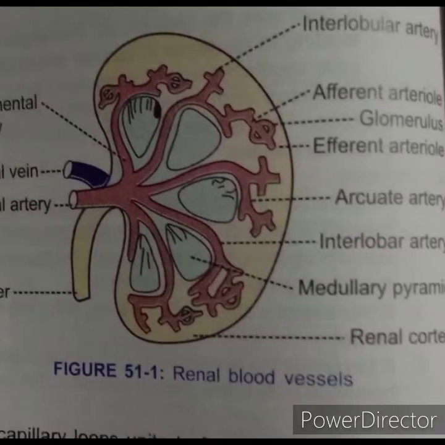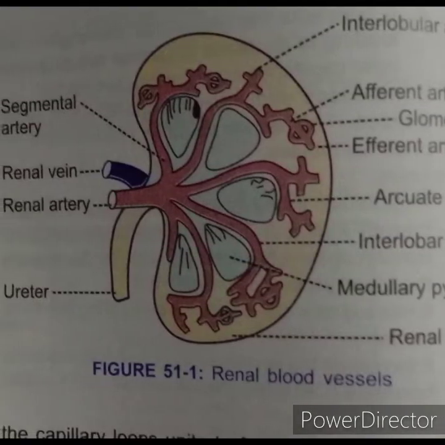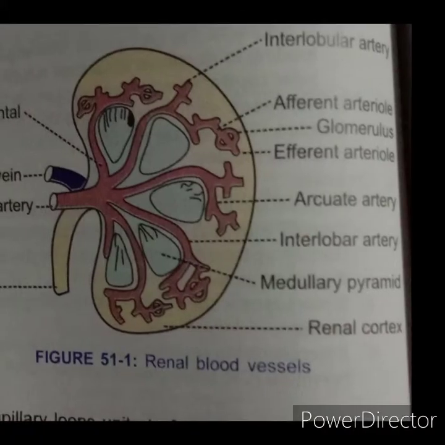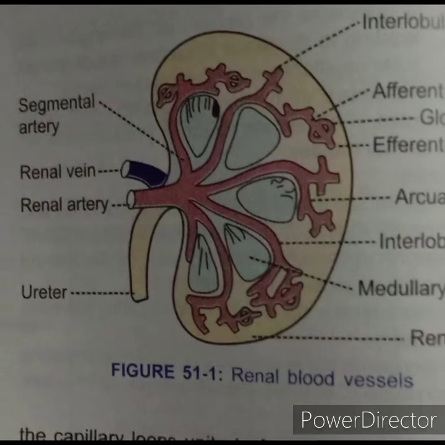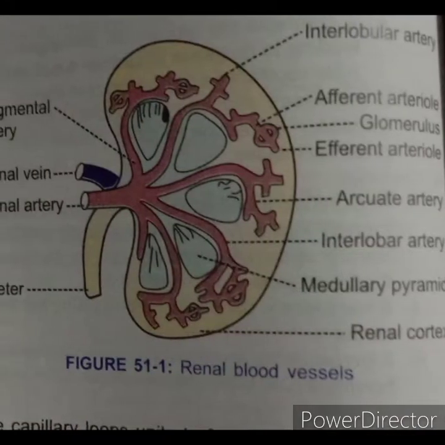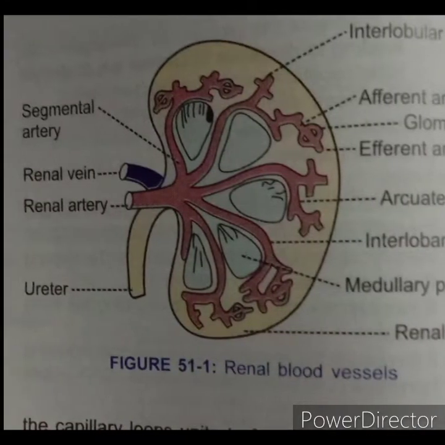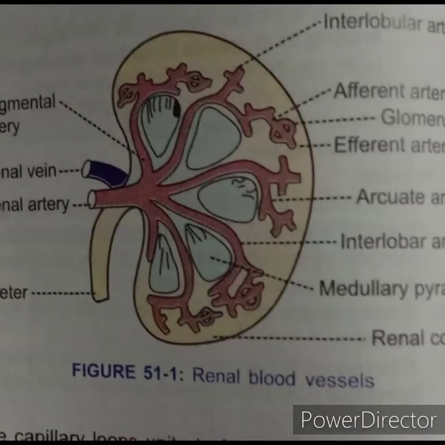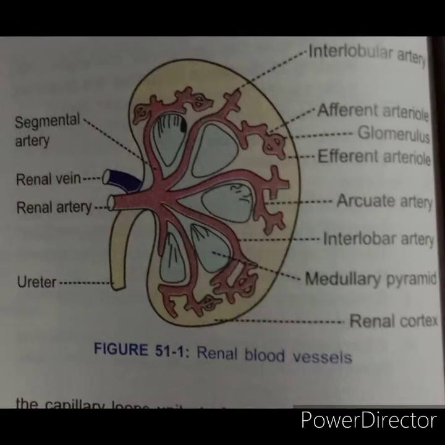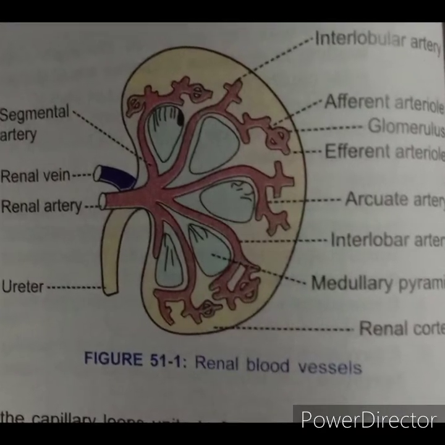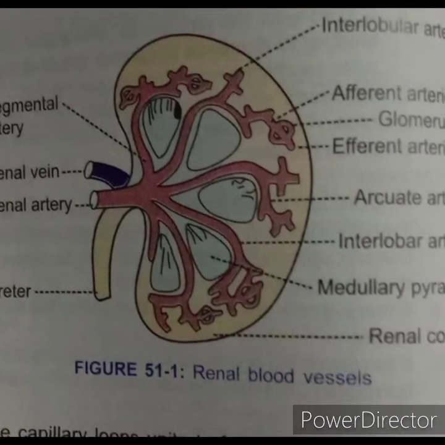Special features of renal circulation. The renal circulation has some special features to cope up with the function of kidneys. Such special features are: first, the renal artery arises directly from the aorta. The pressure in aorta is very high and it facilitates a high blood flow to the renal parenchyma.